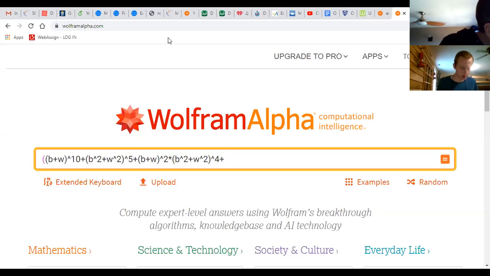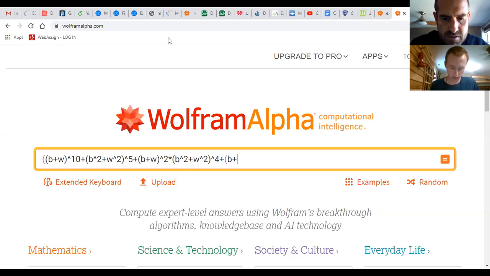Okay, which term are you on? B squared or W squared to the 4th? So there's just one left: B plus W to the 4th. Oh, oops, I put B plus 2. Yeah, B plus W to the 4th, and then B squared plus W squared to the 3rd. Yep.